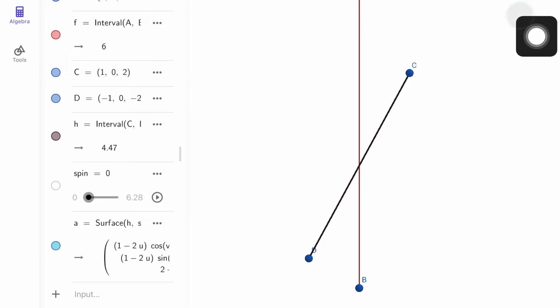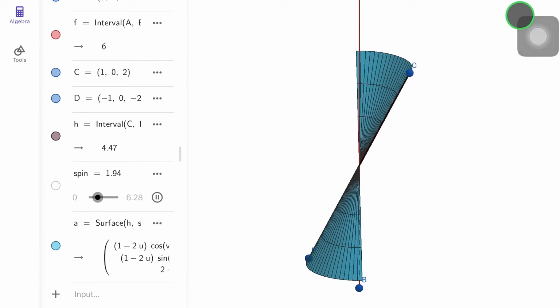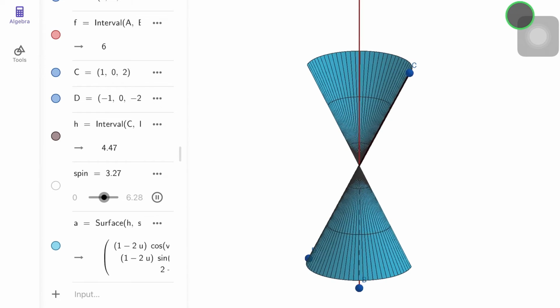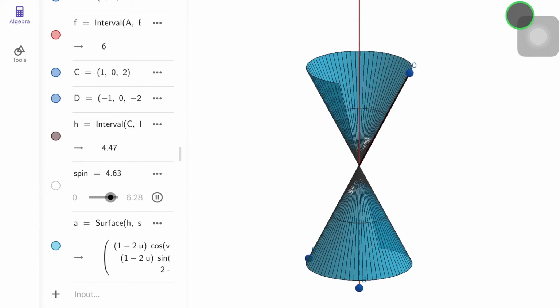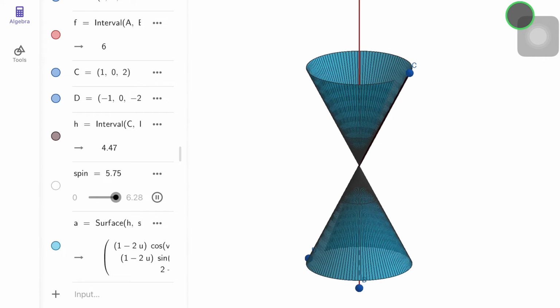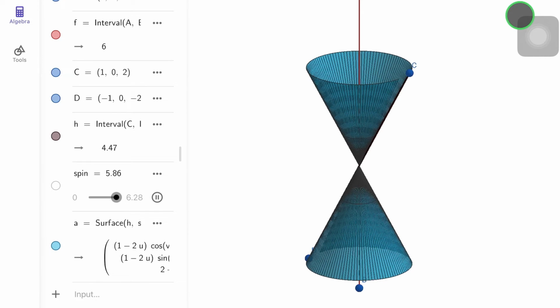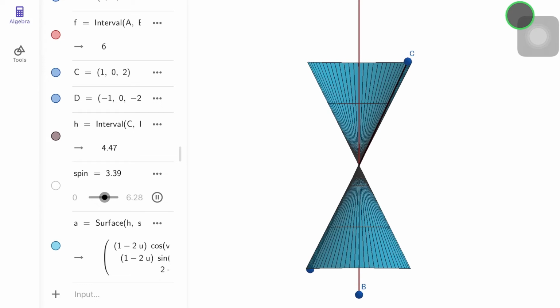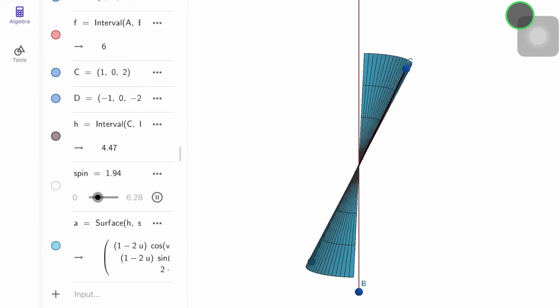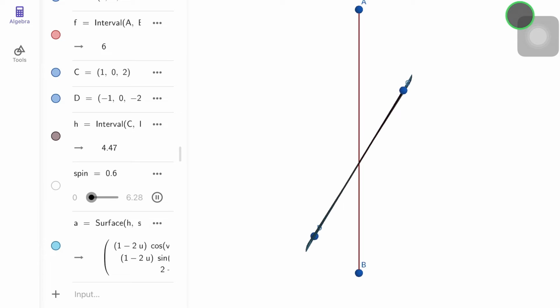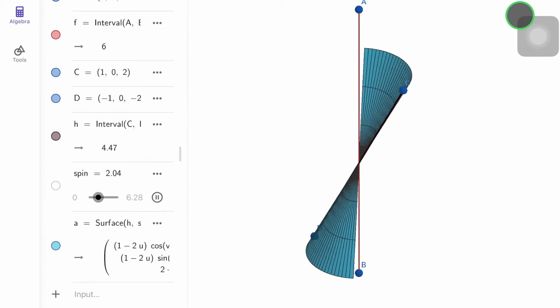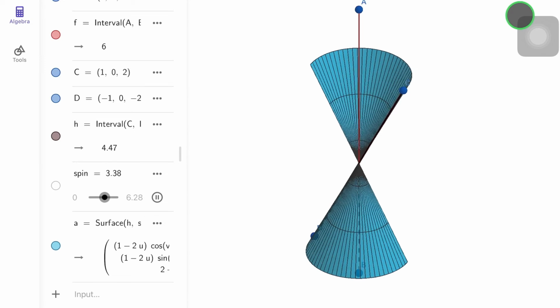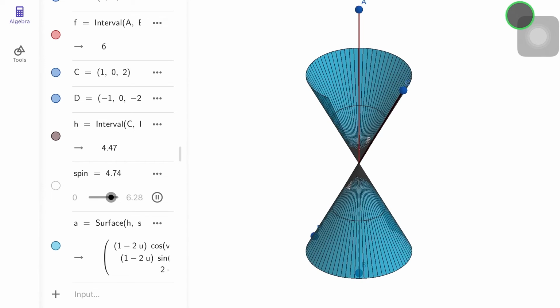So now we are rotating this generator about the axis of a cone, and we are generating a cone. As we move the generator about the axis of a cone, we will get a double-sided cone.